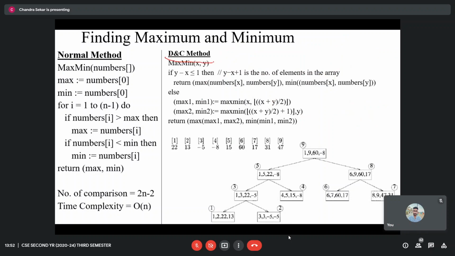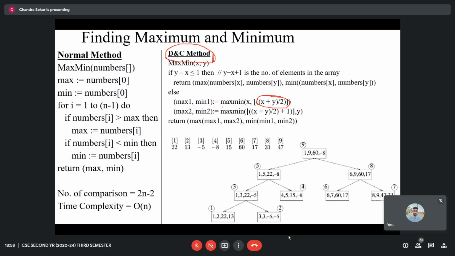So for this divide and conquer approach, the problem is going to be divided into two halves. That is, it is going to calculate the midpoint and break the array into two.